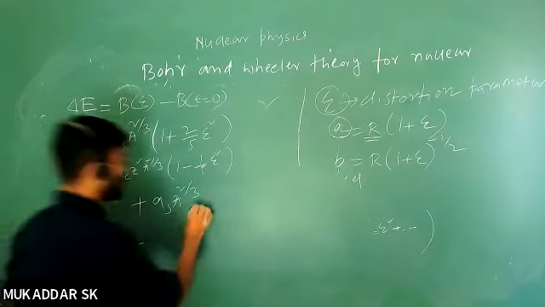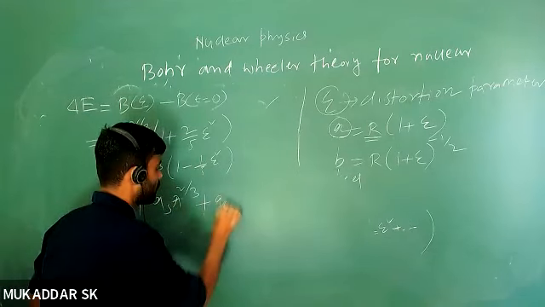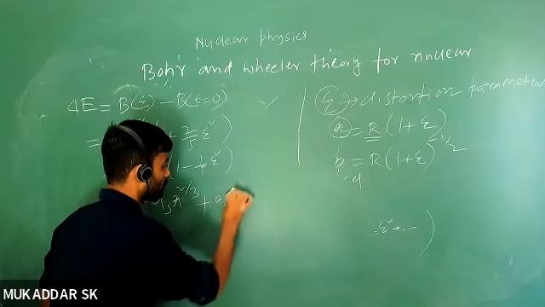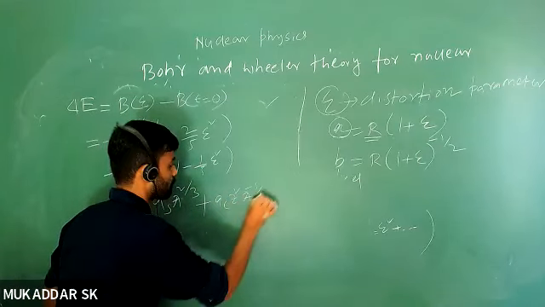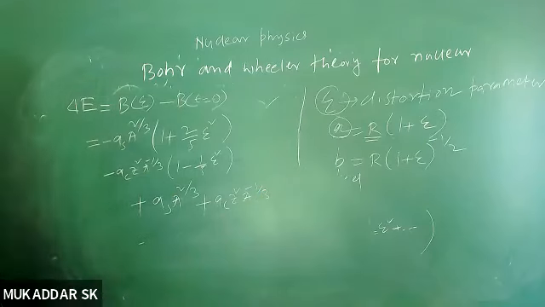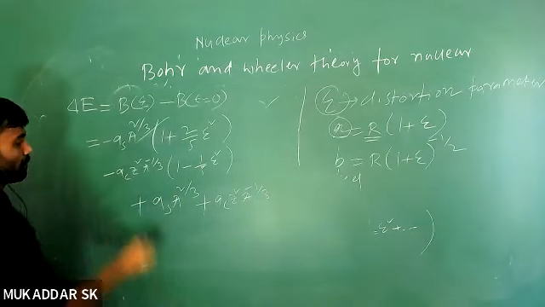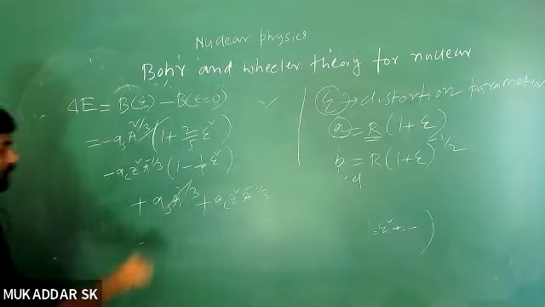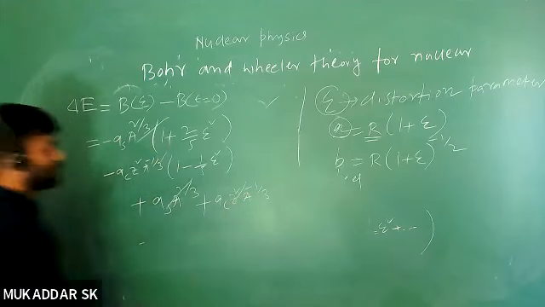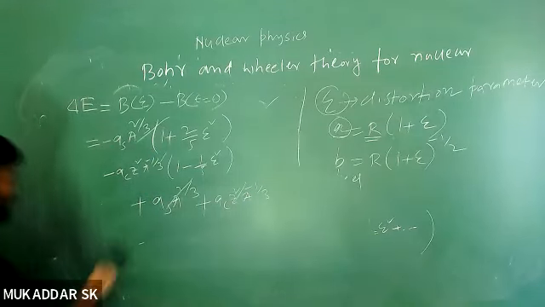Then you will have the Coulomb term, so it will be a_C Z square A to the power minus 1 by 3. So you see this term will be cancelled, this term will be cancelled, this term will be cancelled. So finally what you will get?